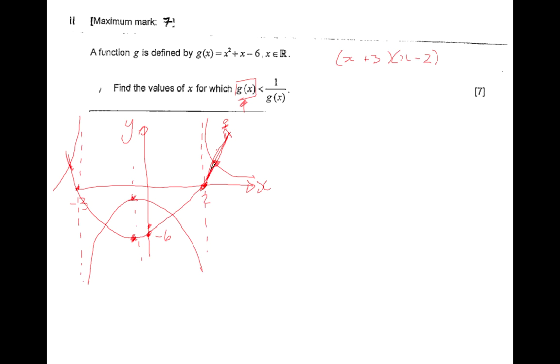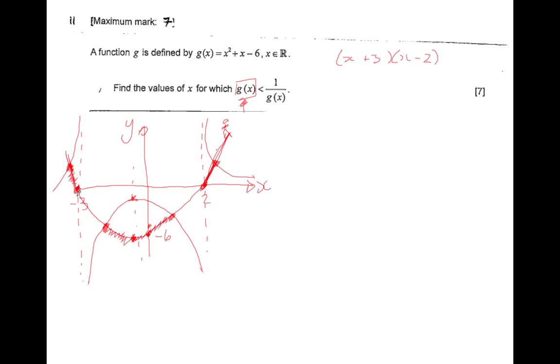So on this section here, you can see that the quadratic is below the reciprocal. On this bit here, we can see the quadratic is higher. From here all the way through to here, the quadratic is lower. And then from this point here all the way through to this point here, again, the quadratic is below the reciprocal.